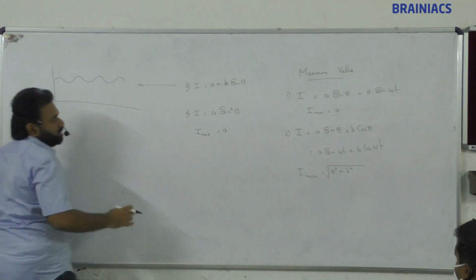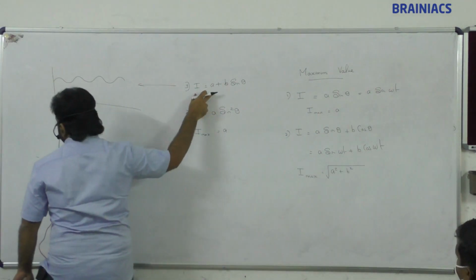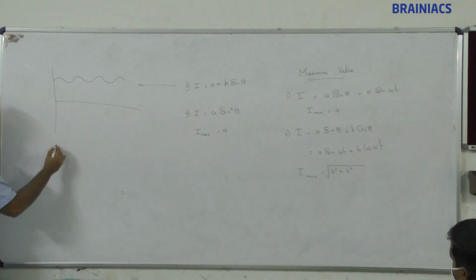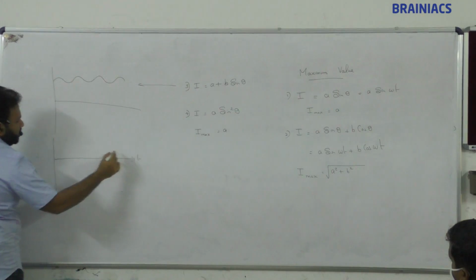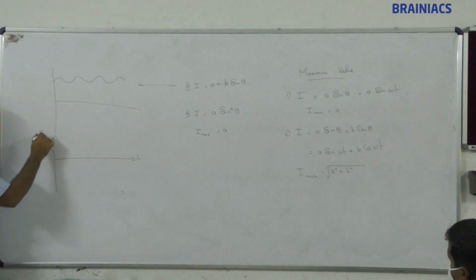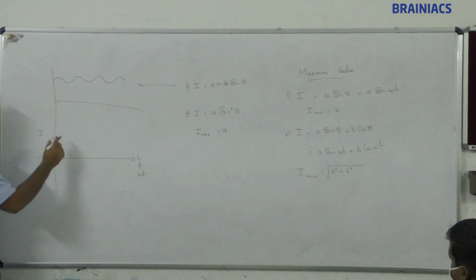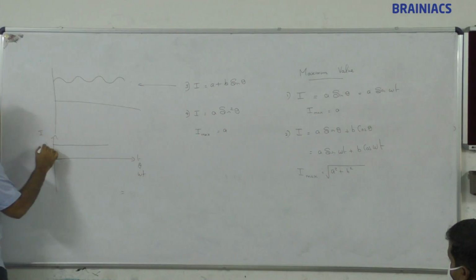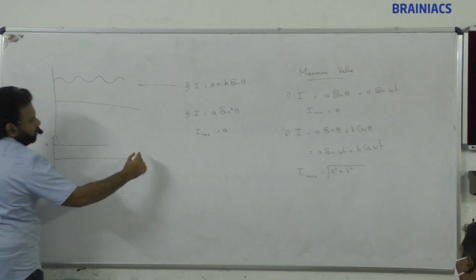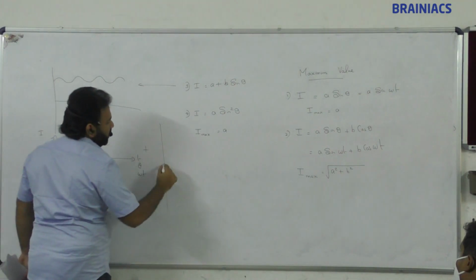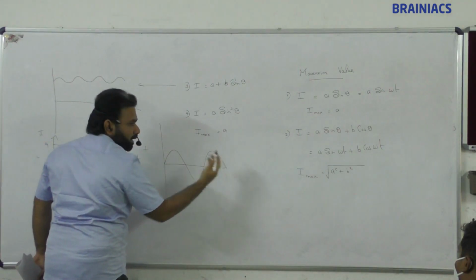This is actually AC plus DC. If we draw A separately, with time on the axis, the signal A can be theta or omega t, anything. Drawing just A, this is going to be a flat line like this. Now if you draw another graph, B sin theta, it is going to be like this.